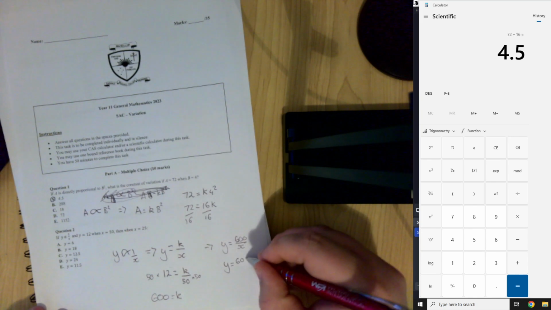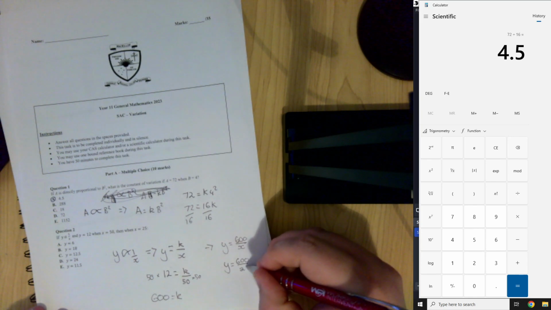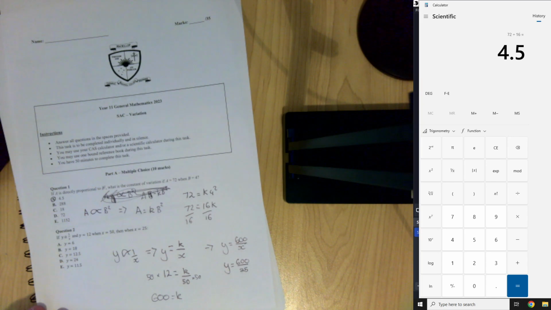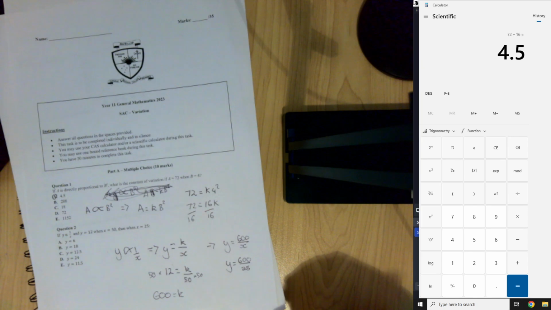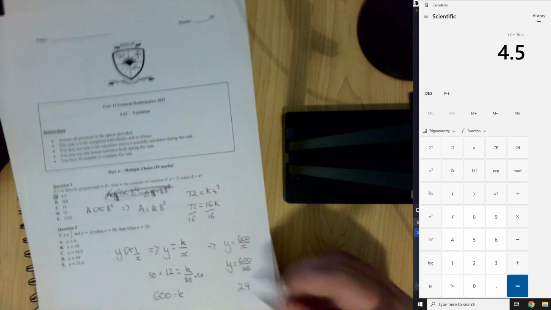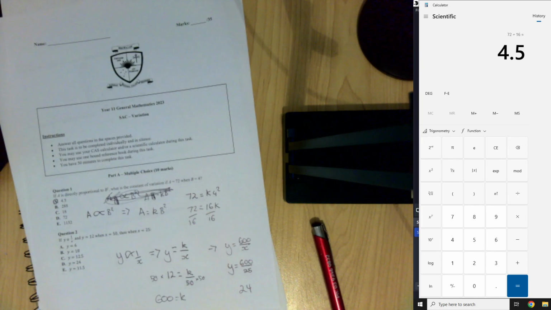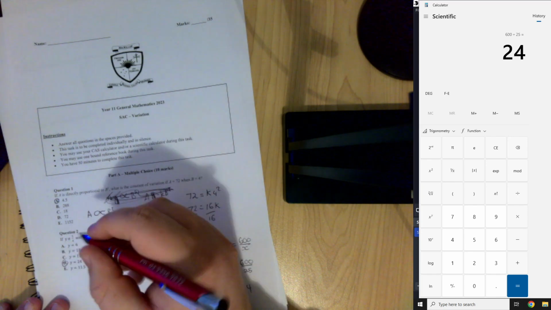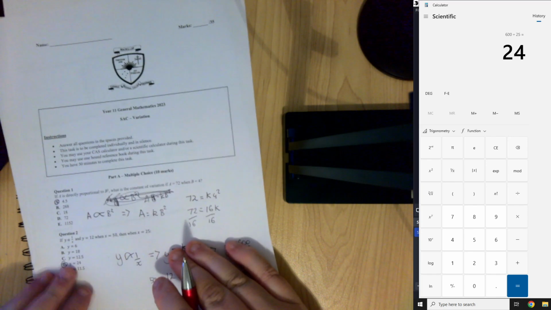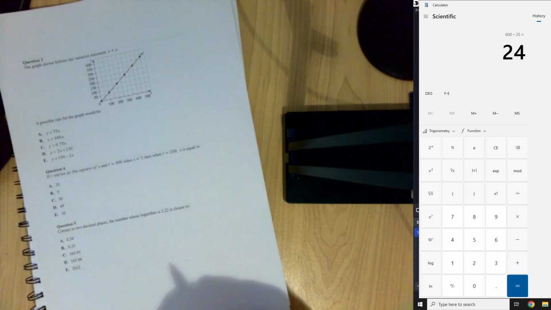It'll be 600 divided by 25, which is 24, I think. But I'll check it on the calculator here just to be safe. 600 divided by 25 is 24. Right, so we've got our first two questions done. Let's keep the party going.